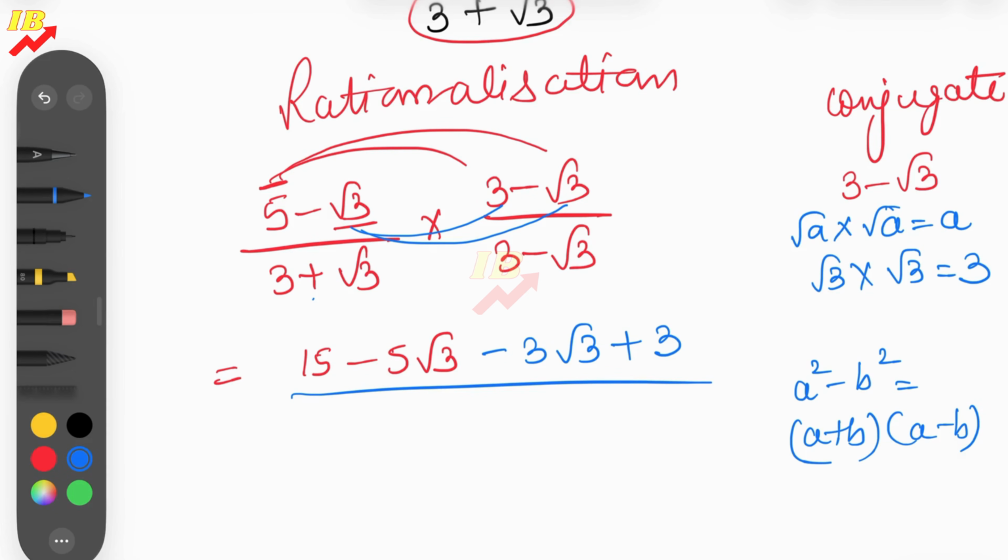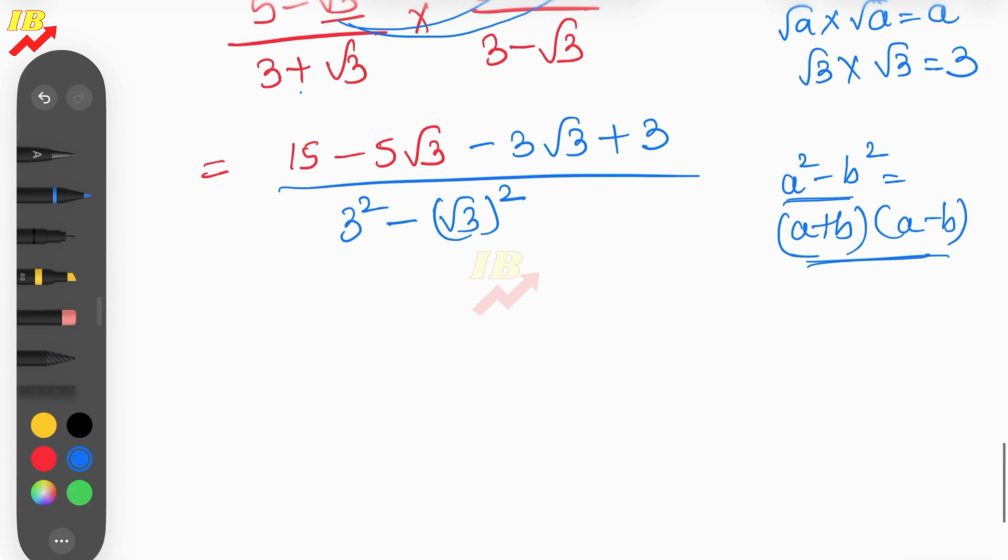It's already mentioned in this form, so I'm writing it like this: 3 square minus root 3 square. Whenever you write a square of any number, you put a bracket over there and then write the square of it. That's the best representation of any question.